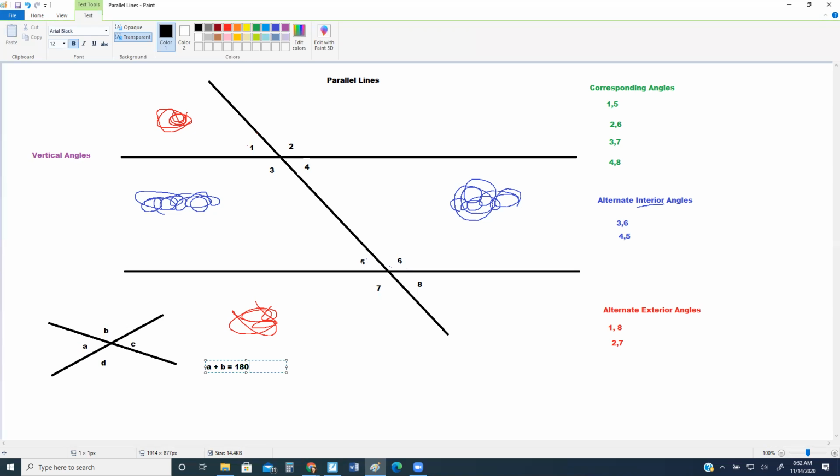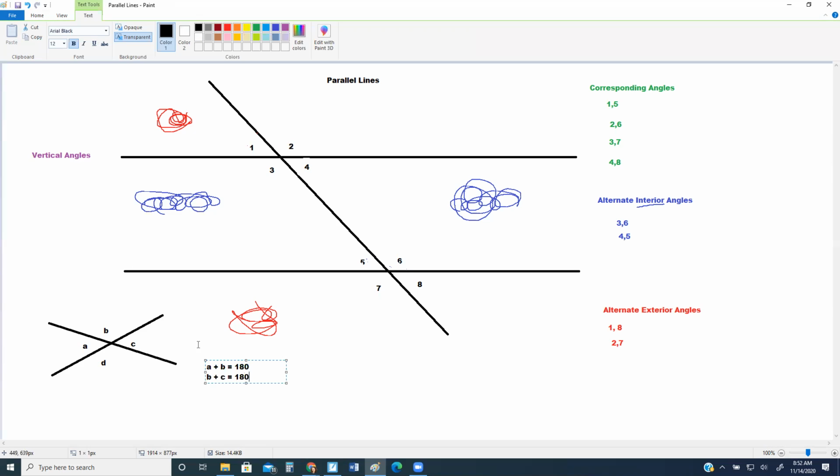They have to be. We have no choice because they're on a straight line. We also know, though, that B and C are also on a straight line. So B plus C is 180.